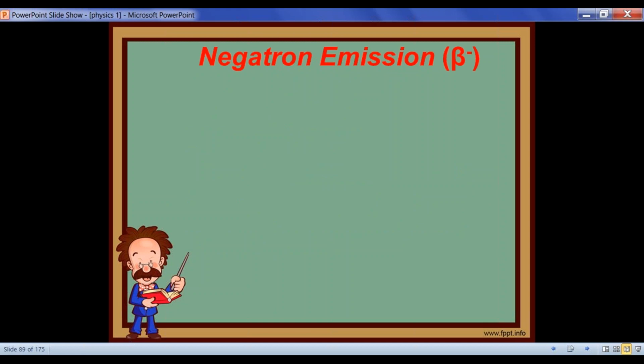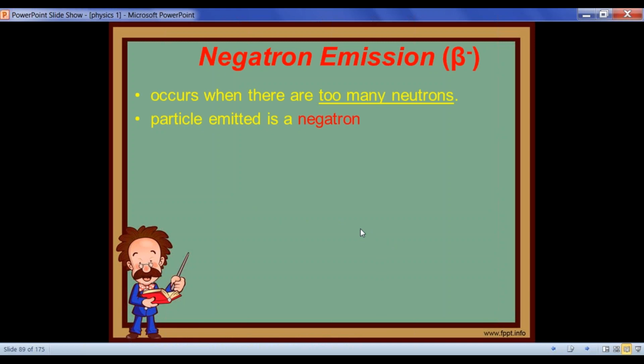So the first submode is the negatron emission or the beta minus decay. This occurs when there are too many neutrons. Pag marami pong neutrons sa loob ng nucleus, mas marami po siya as compared sa protons, magkakaroon po tayo ng negatron decay. So it will emit its extra negatron.